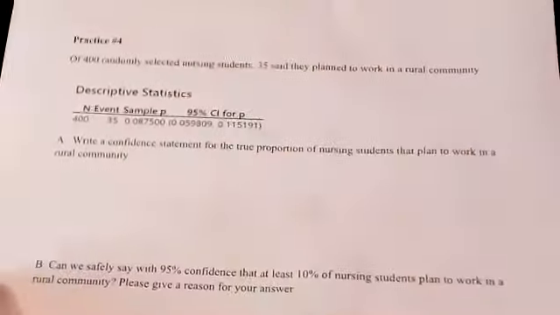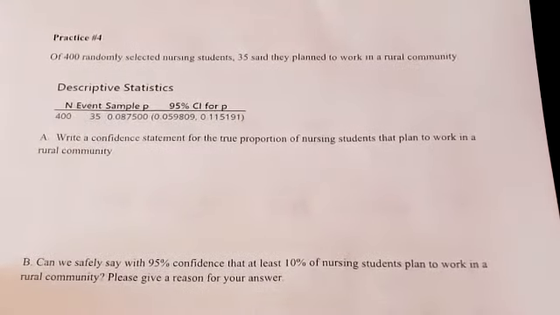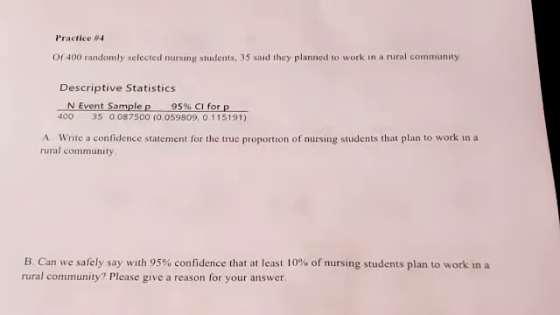While Donna's working on that, let's take a look at practice number 4. This is very interesting. We are actually given a Minitab printout of the descriptive statistics. Check it out. We are told that of 400 randomly selected nursing students, 35 said they plan to work in a rural community.